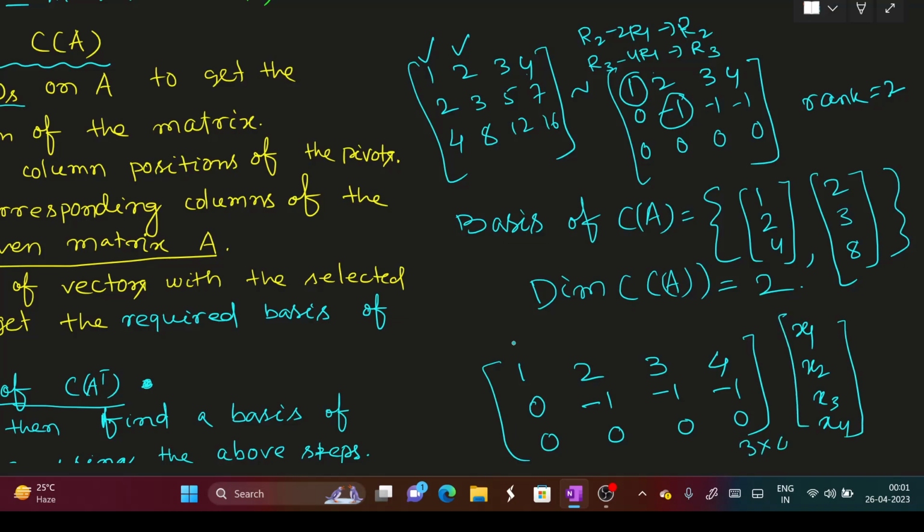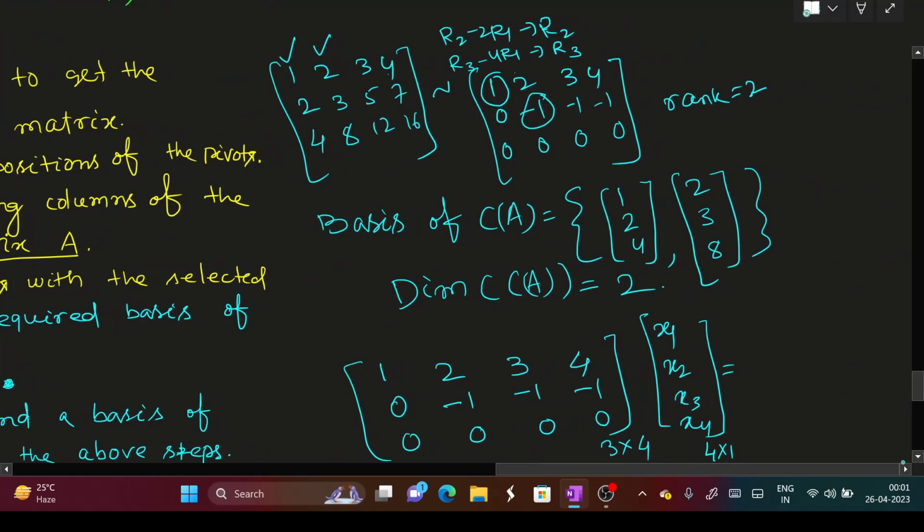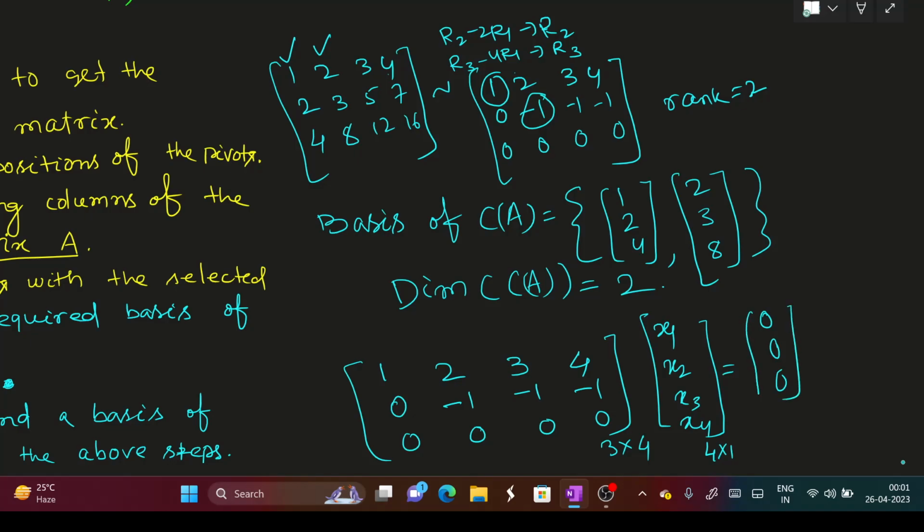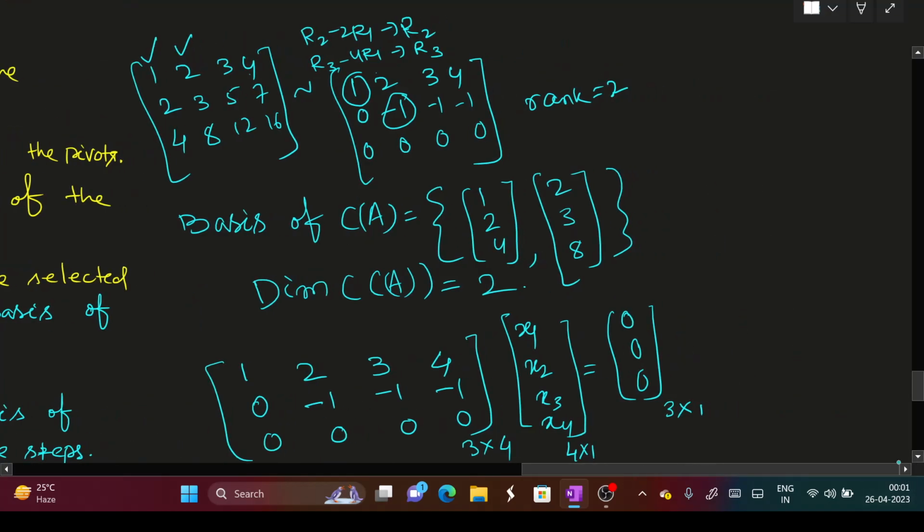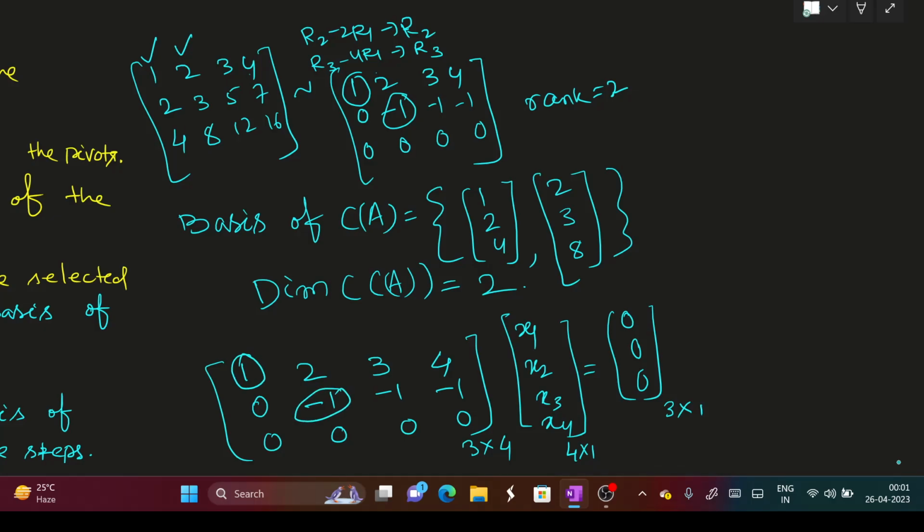The sizes are 3 cross 4 and 4 cross 1, so the resultant will be 3 cross 1. So now let us write down, first of all, what the pivot variables and the free variables are. These correspond to x1, x2, x3 and x4.